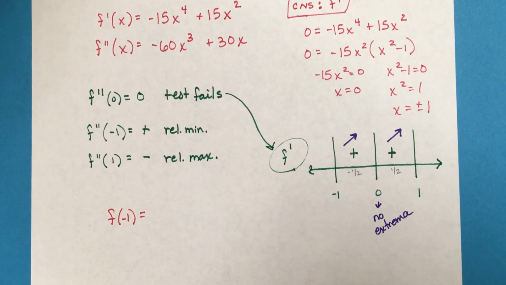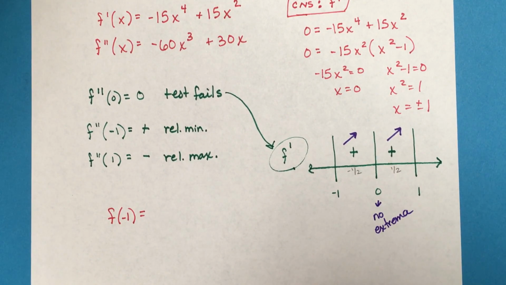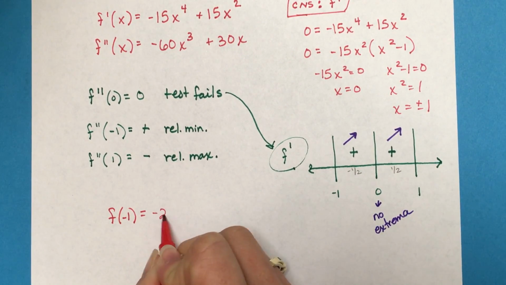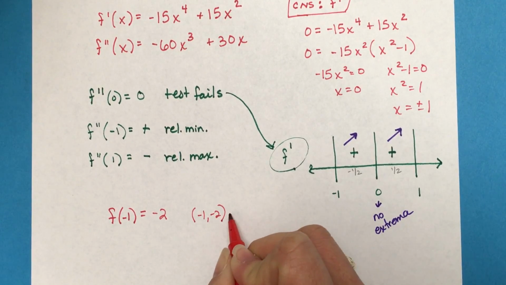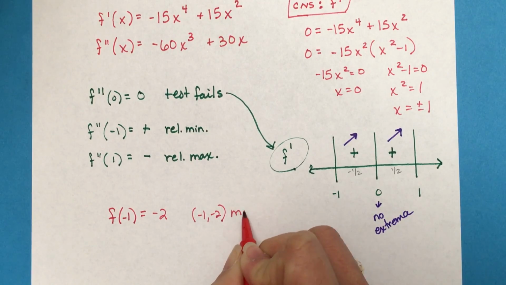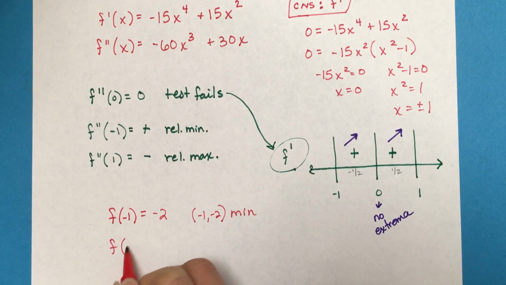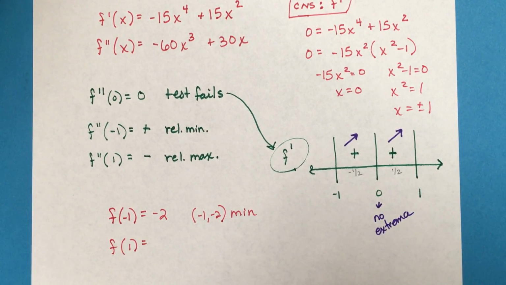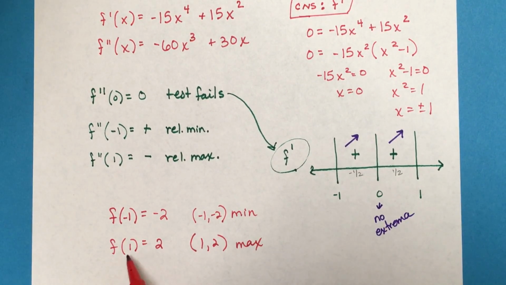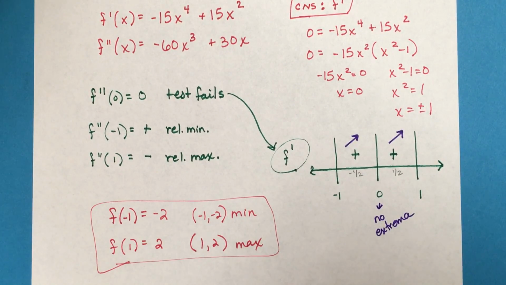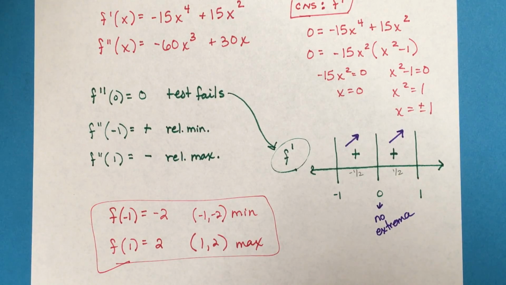So if I substitute -1 into the original, I'm going to get -2. So that means (-1, -2) is my min. And then I've got to substitute +1 back into the original function, which is going to give me +2. So that would be (1, 2), that's going to be my max. So this is what we're looking for, these ordered pairs as being our answer.